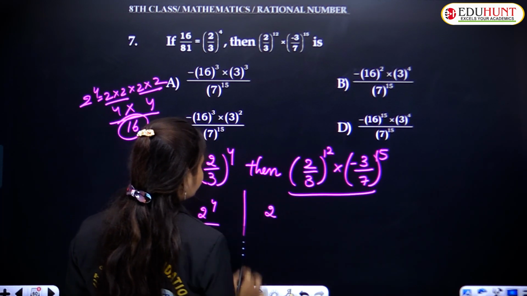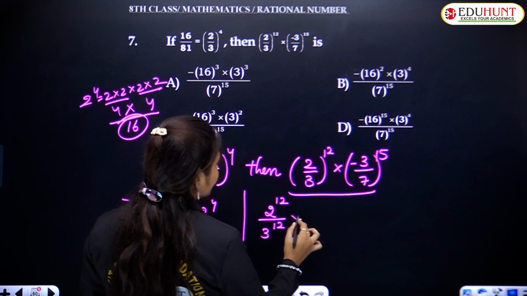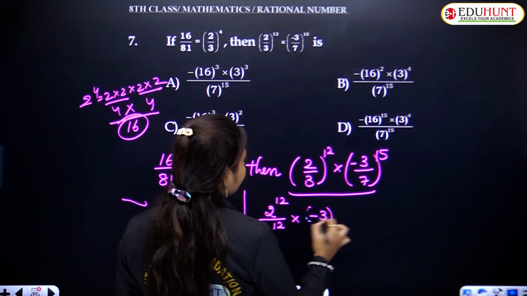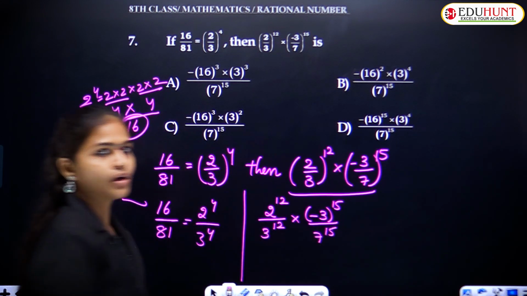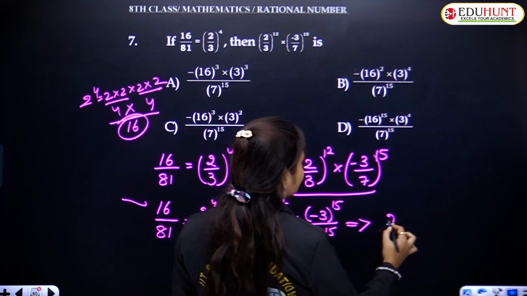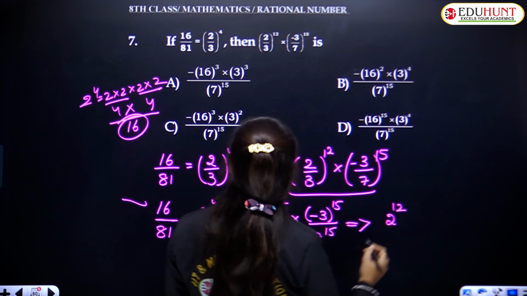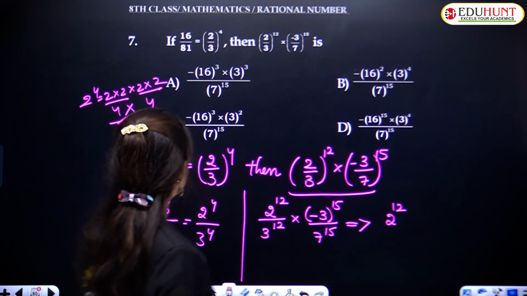So in that exponential form, how we can write? 2 power 12 by 3 power 12 into minus 3 power 15 by 7 power 15. So here from this we can write 2 power 12, here they given as 16, right?